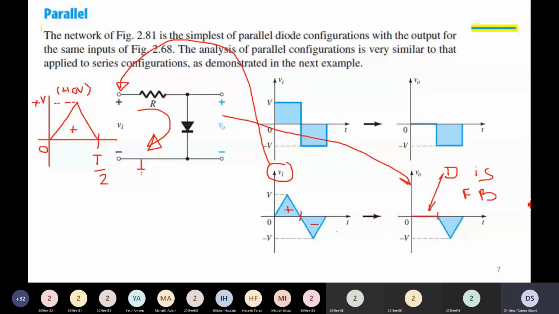So applying Kirchhoff's voltage law, all of the voltage at the input will be dropped across the resistor R, because we have the forward bias voltage of the diode equal to 0 volt. So all of the voltage rise at Vin will be available across resistor R throughout time 0 to T by 2.